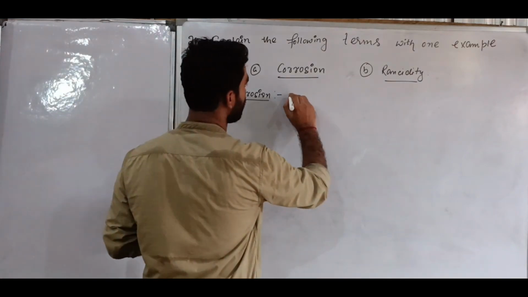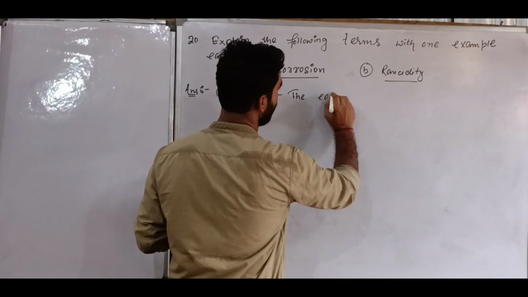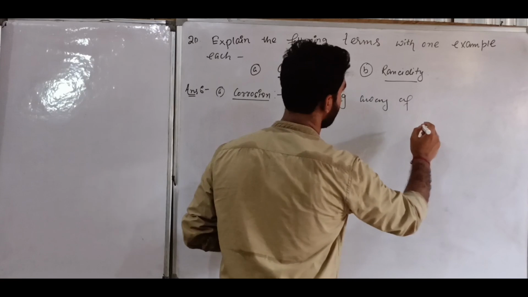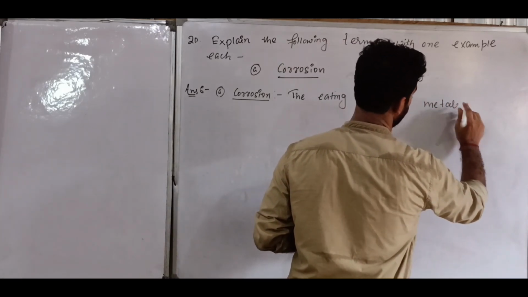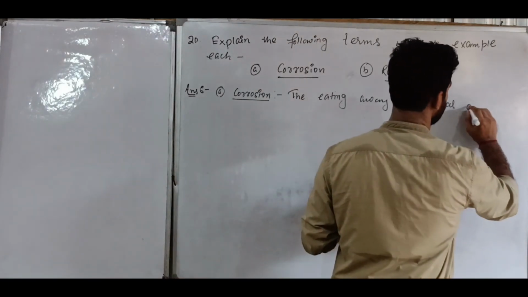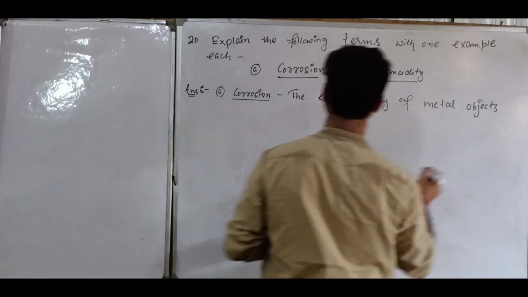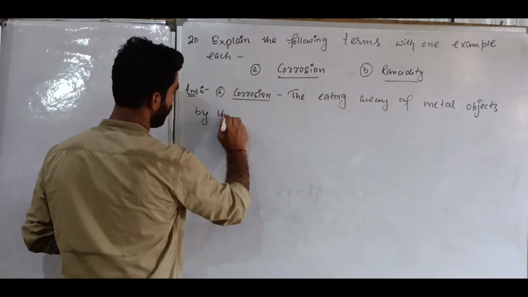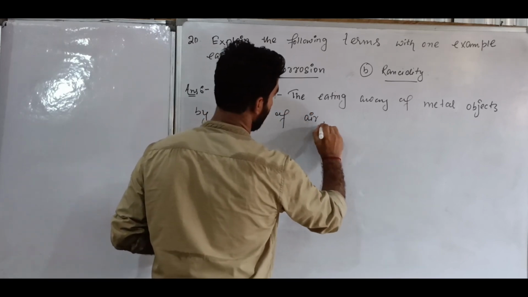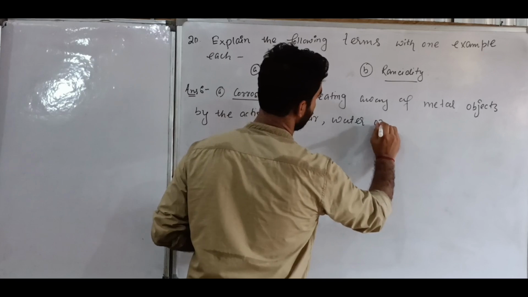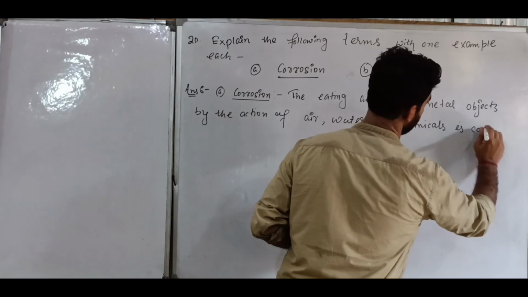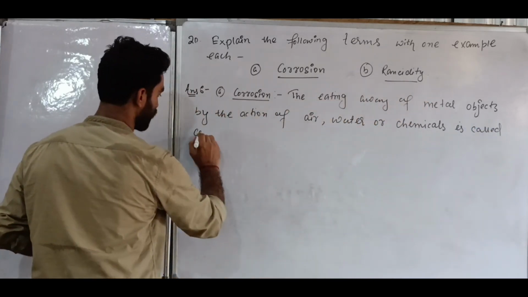So see, corrosion means what? The eating away, or we can say the slow oxidation, of metal objects by the action of air, water or chemicals is called corrosion.